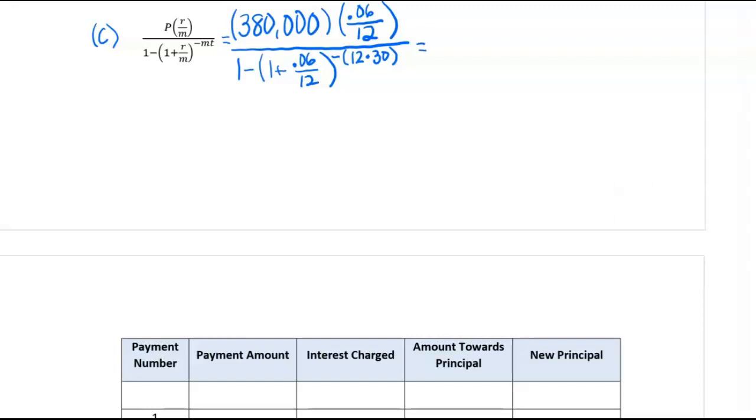Multiplying 380,000 times 0.06 divided by 12 gives us 1,900. Calculating the denominator, we get 0.833958. Please note that we do not round until the final solution. However, for the purposes of this video, I am giving you the first 6 digits of the denominator.